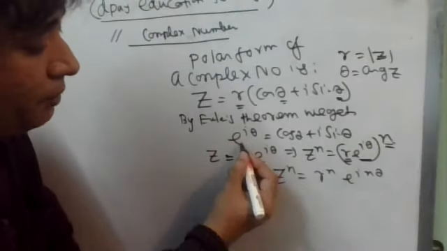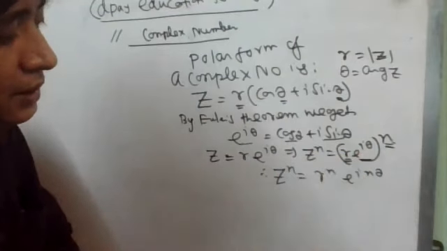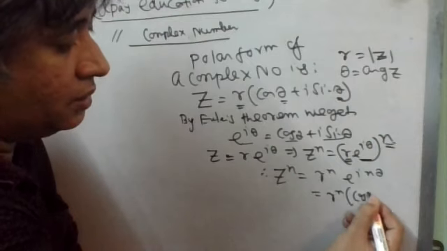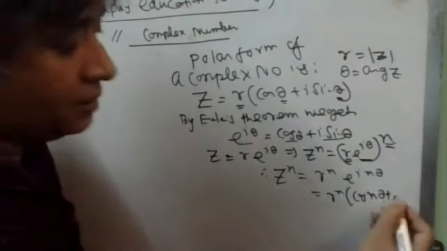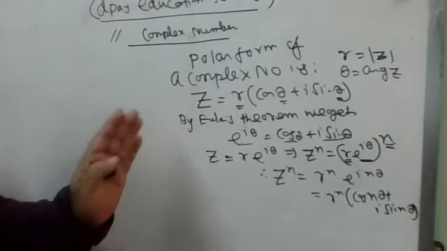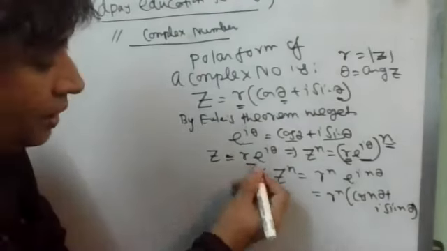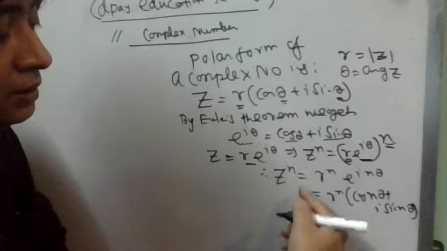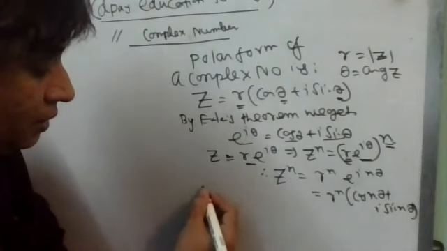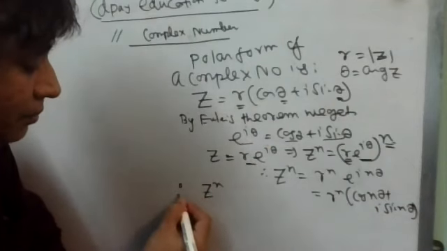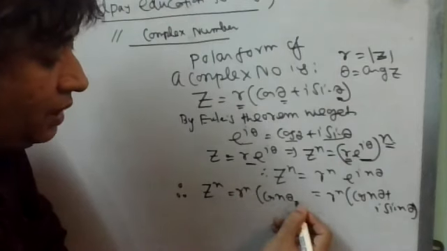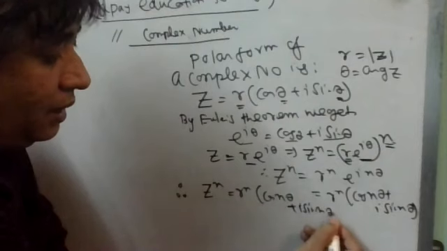Now, as e to the power i theta is cos theta plus i sin theta, then e to the power i n theta is cos n theta plus i sin n theta. So from Euler's theorem, I can get the representation of a complex number in this manner. z to the power n, we have got r to the power n (cos n theta plus i sin n theta).